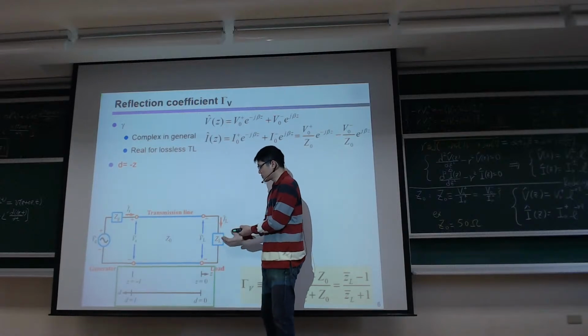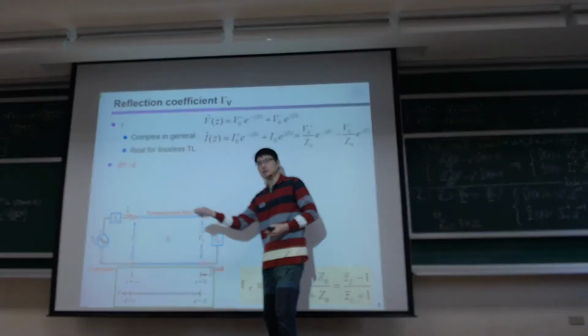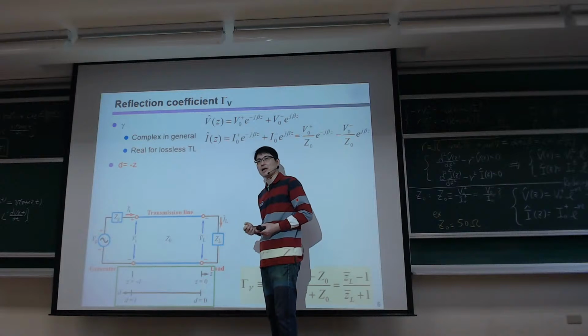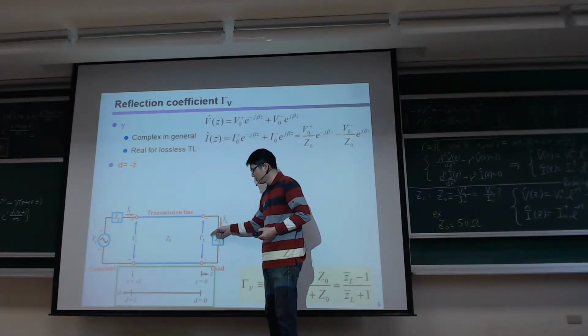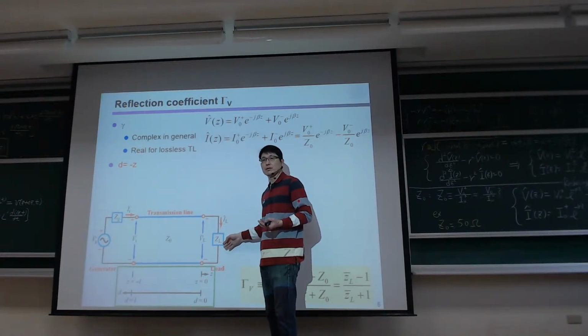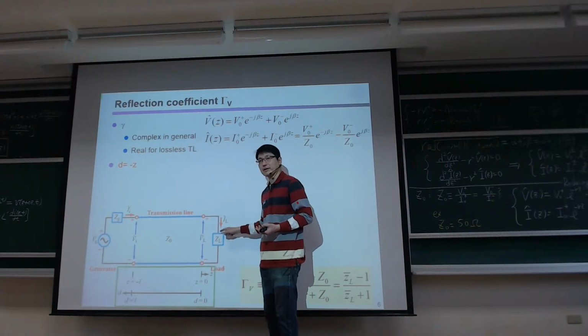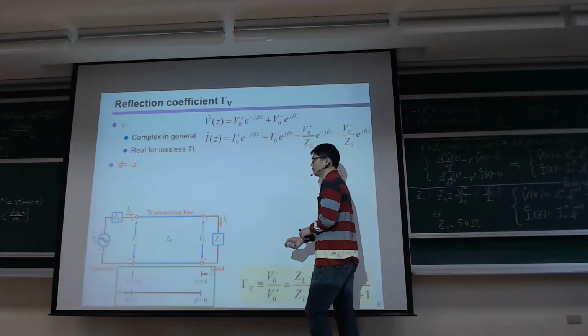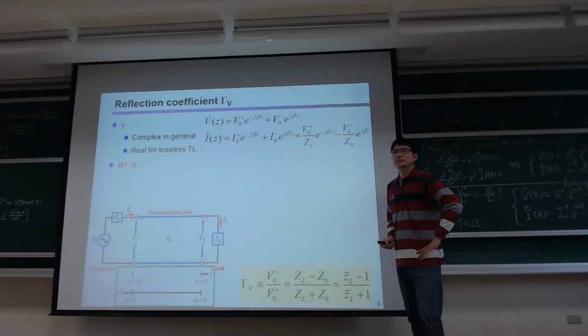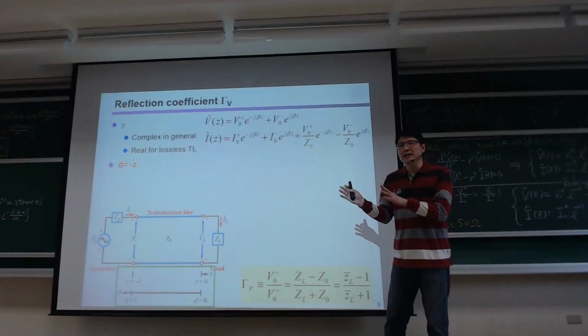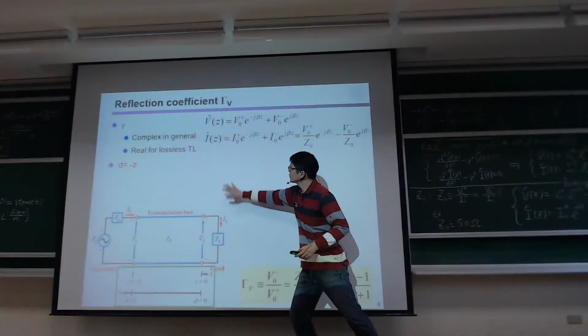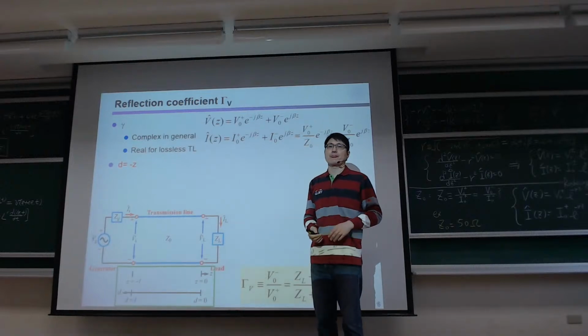And we, the users, are connecting, plugging our components into the outlet. And that component has its own load impedance, ZL, capital L. So try to link this picture to these 2 equations.